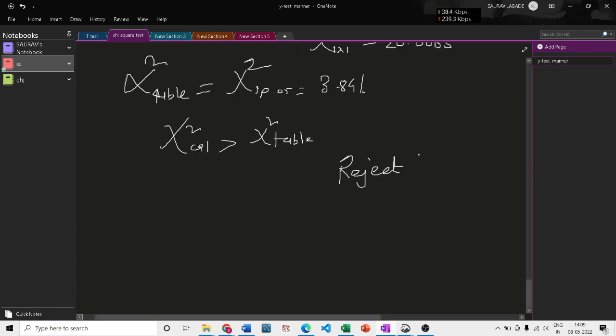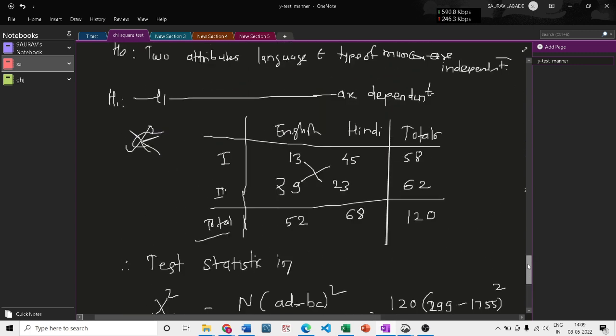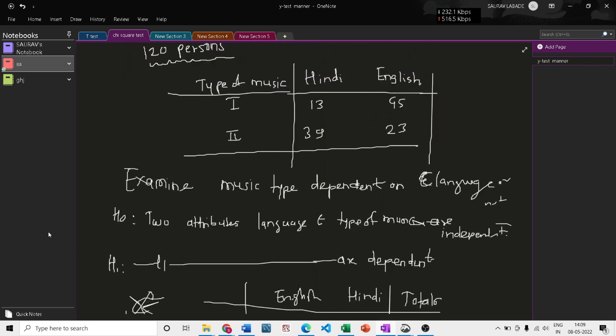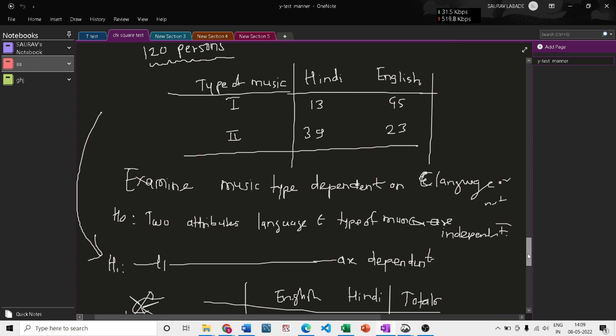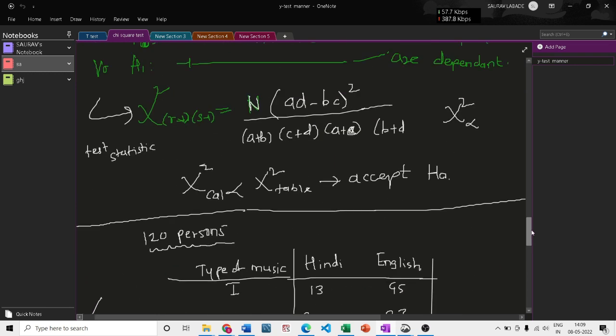I will reject the null hypothesis. And if I am rejecting the null hypothesis, that means these two attributes are dependent, that is, the type of the music and the language. Okay.